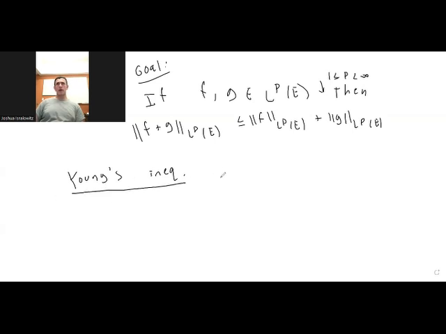And what is that? So if p is between... the one thing I should say, this is pretty trivial if p is equal to 1, just using the triangle inequality. So I will focus on p strictly between 1 and infinity.